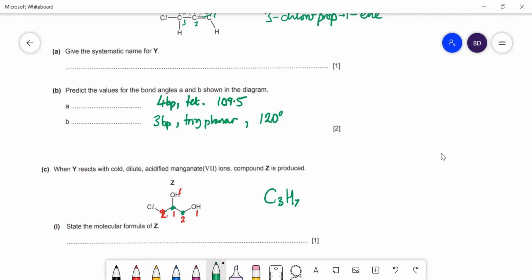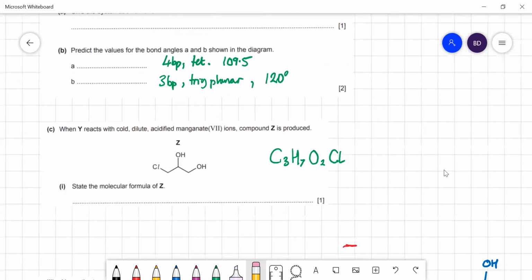And of course, we've got 2 oxygens, O2, and 1 chlorine. So that is the molecular formula of Z, and you've got to be careful with your numbers of hydrogens there. Maybe safer to draw the skeletal formula into a fully displayed formula to be on the safe side.